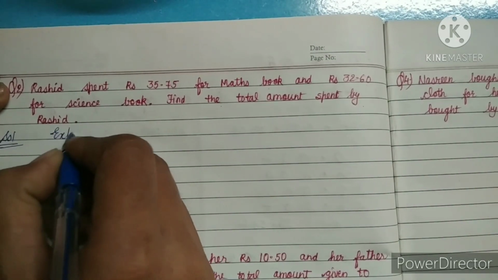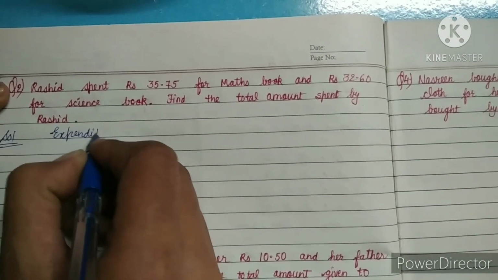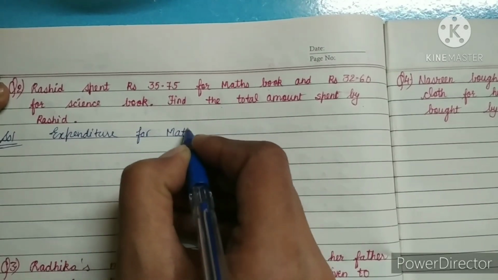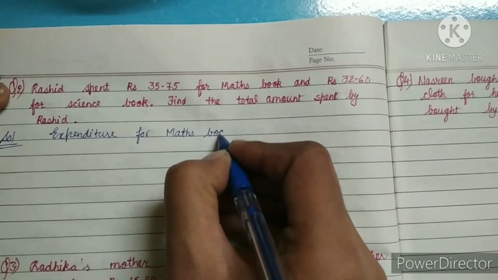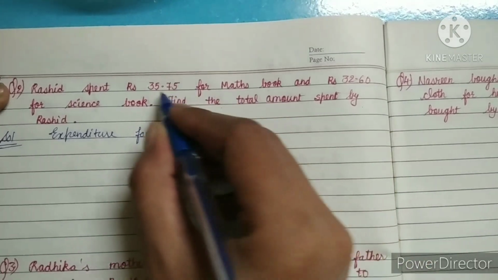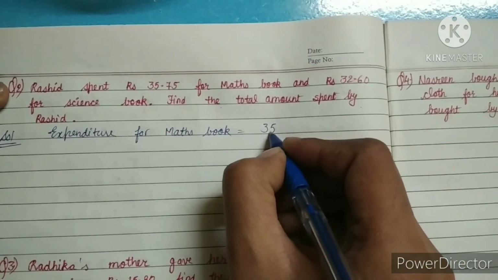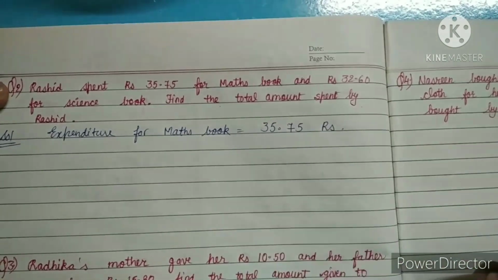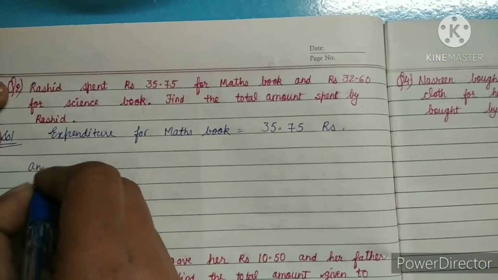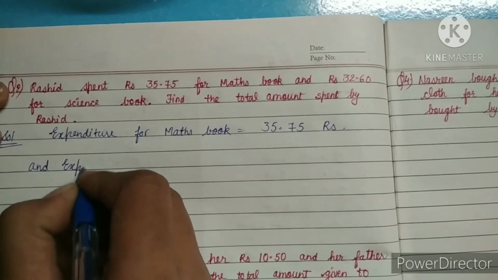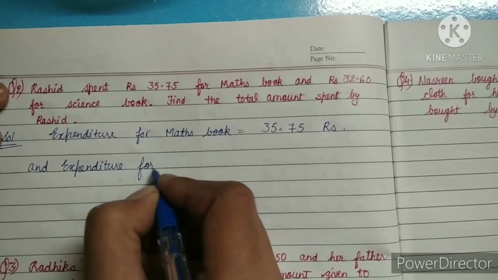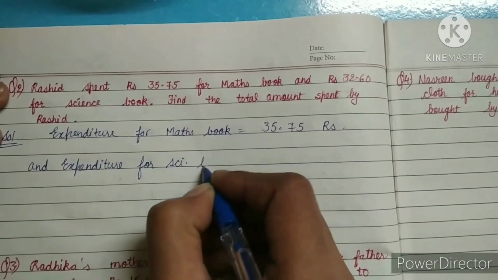So its solution: firstly, the expenditure for the maths book. The maths book was bought for rupees 35.75, and the expenditure for the science book.